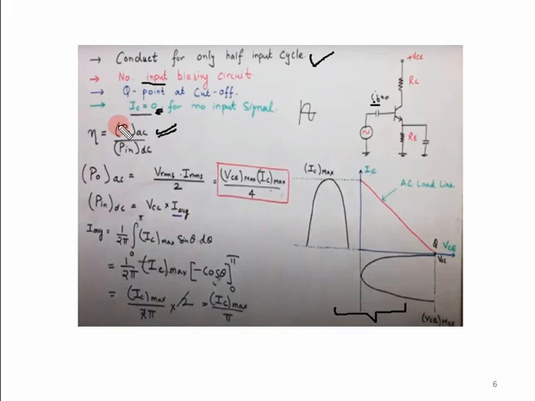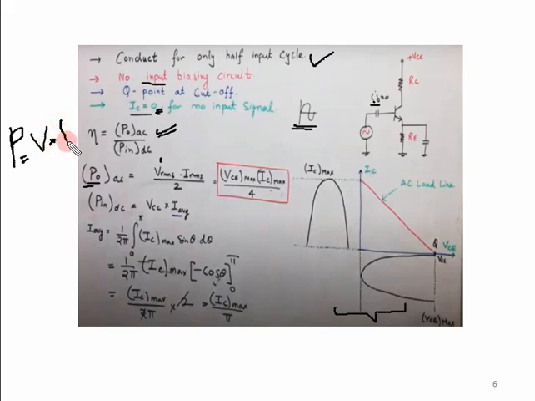Now for the first term, the output power, if you have a sinusoidal signal, we always take the RMS values. Power is equal to voltage times current.